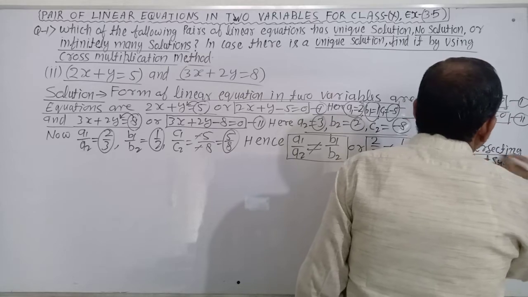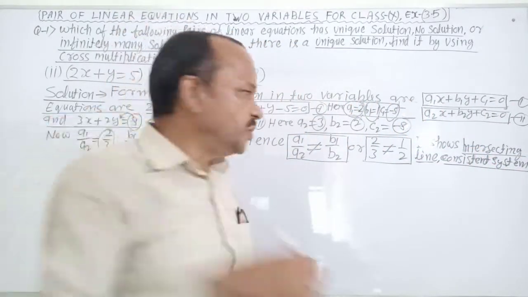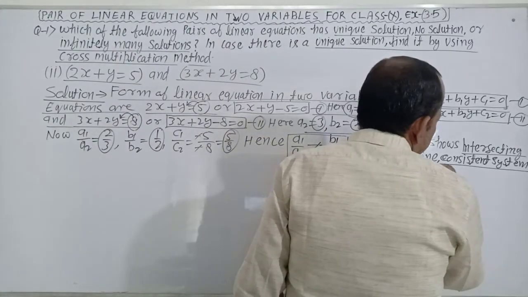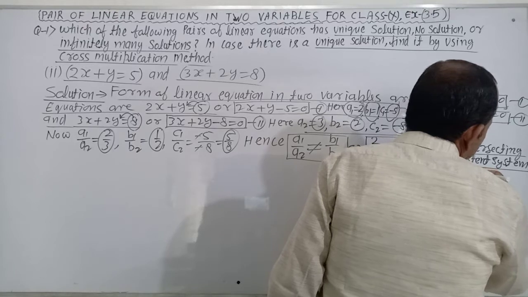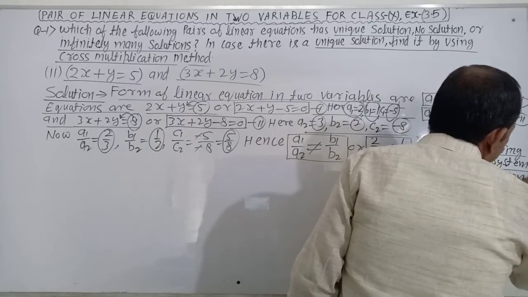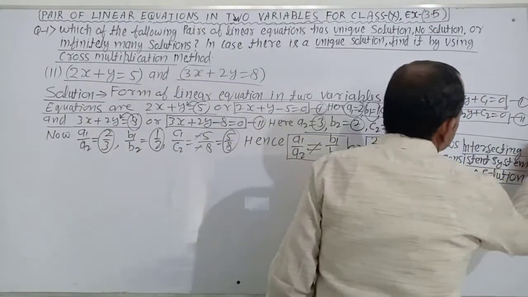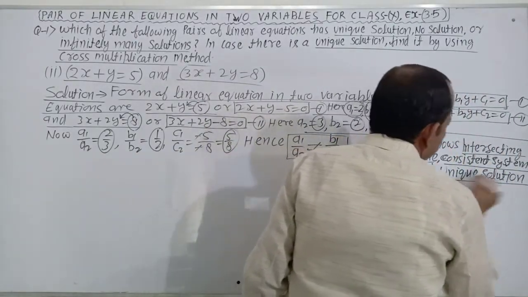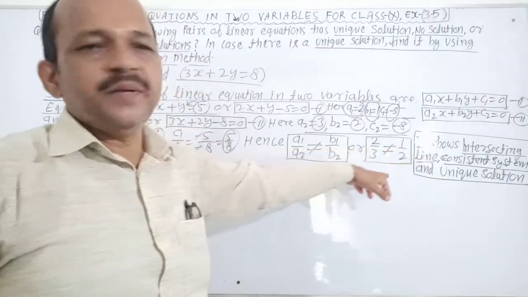Consistent intersecting line, consistent system and unique solution. And unique solution. It is clear? No confusion about it.